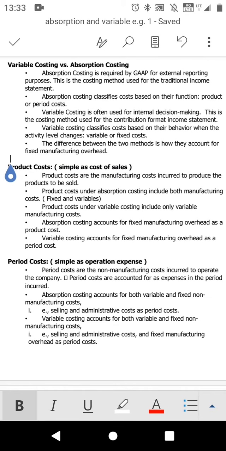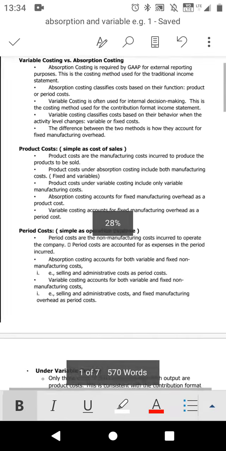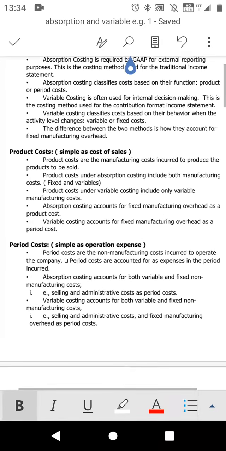These two costs are not the same, but they are very simple. It's an item that you know in accounting. If we are talking about the product cost, we simply are talking about the cost of sales.